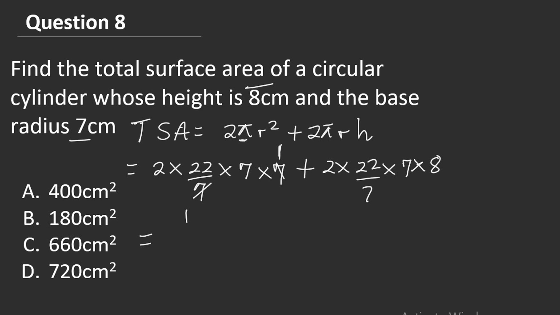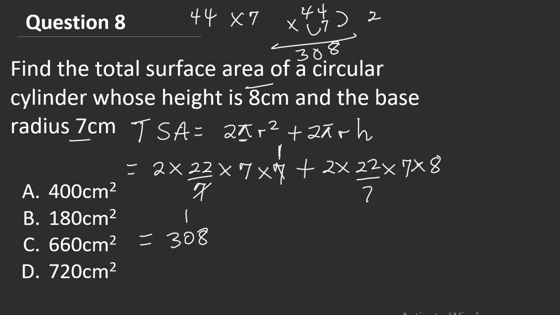22 times 7 is 44. Now times 7. Let me arrange it the way you see it. 7 times 4 is 28. 8, keep 2. 7 times 4, 28 plus 2, 30.